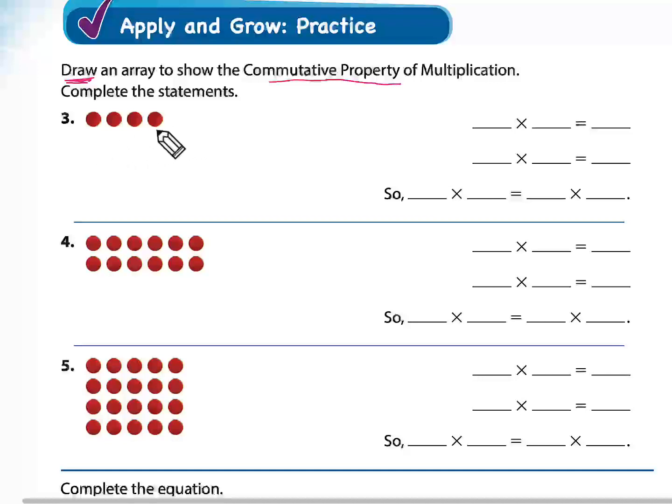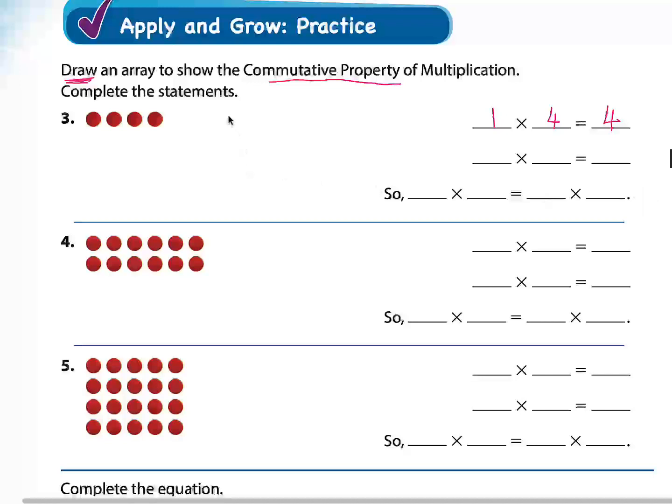What is this array? 1 times how many characters in this row? 4. So the product is, okay, now let's turn it to show the commutative property.